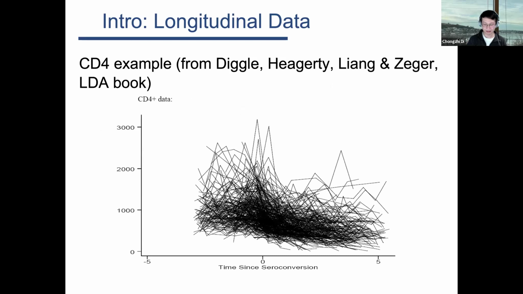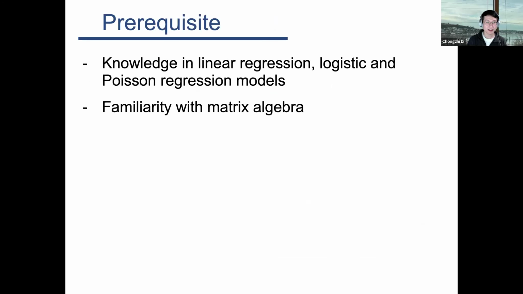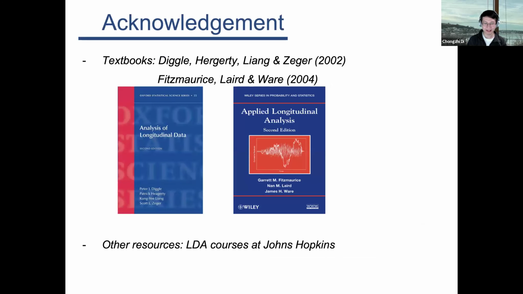Oh, and by the way, I think I may have skipped this one. I also want to say that a lot of the materials, including the data examples, come from an area that is very well developed in the statistical literature. So I took a lot of materials from two existing textbooks.